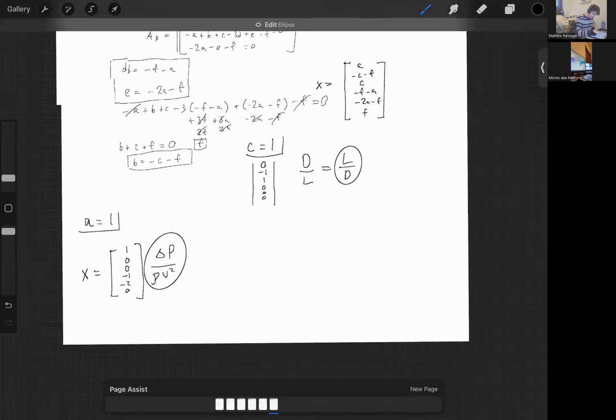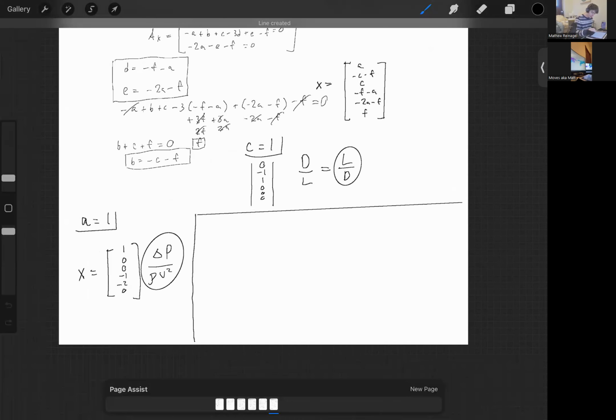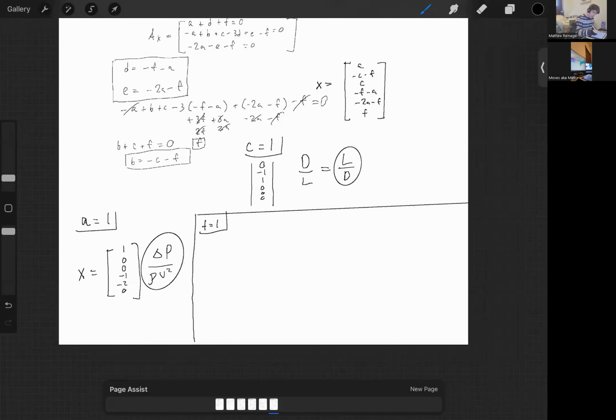All right. I'm going to section this part off. So the next property is going to be when we make F equal 1. That's going to be our final substitution here. So when that happens, let's try and make this look right. If we sub in F, we get 0. This becomes negative 1.